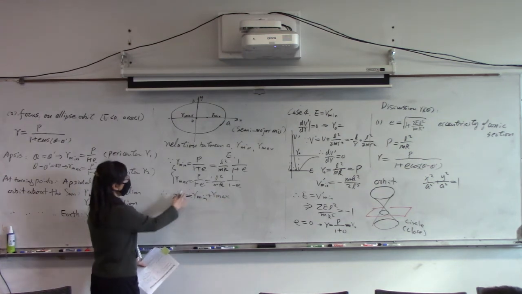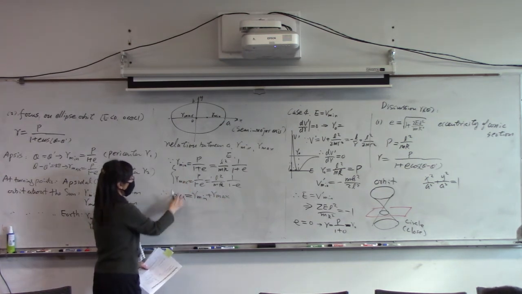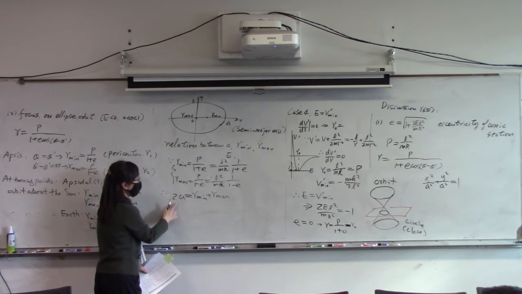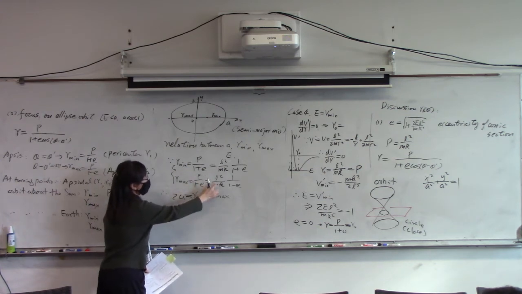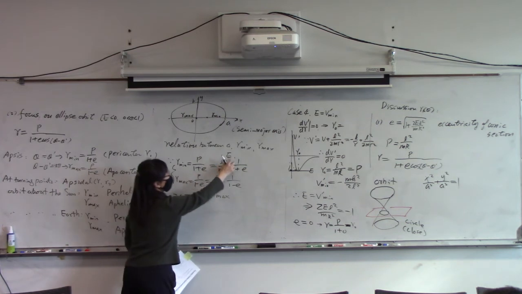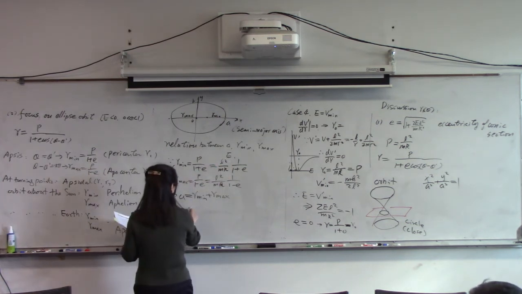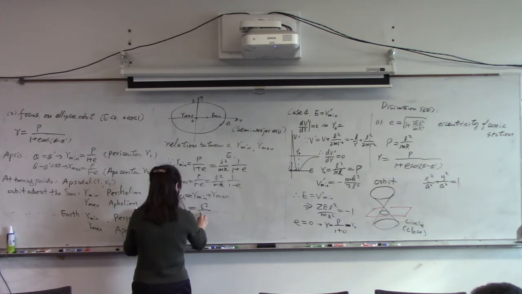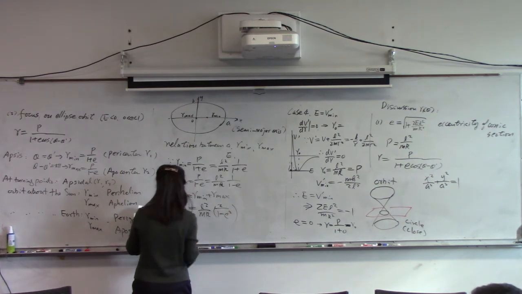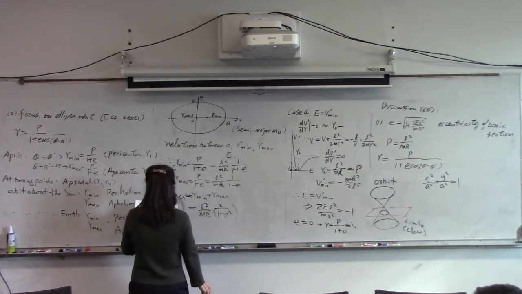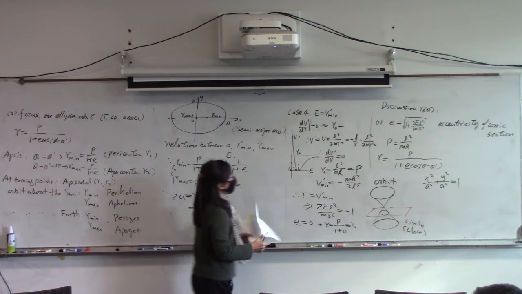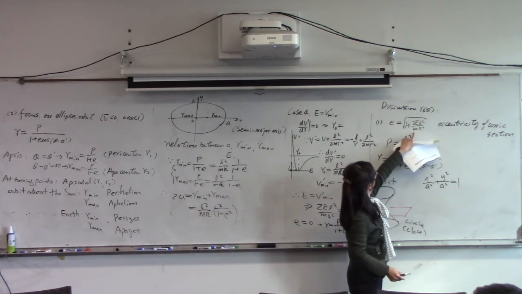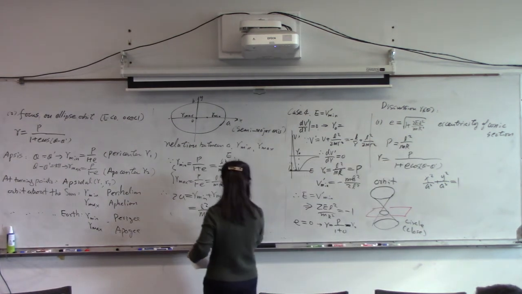From here, since we can substitute R minimum and R maximum into this formula, we can find the relation of A with this, and then you will see the relation with E. I'm going to substitute, and that is simple. It gives L squared over MK times 2 over 1 minus E squared. Then E is here, right? So I substitute E into this formula.